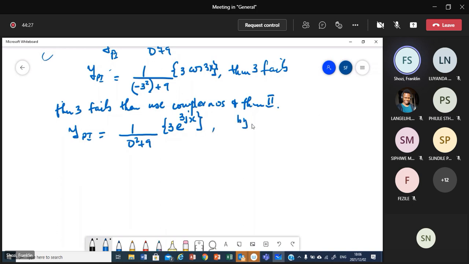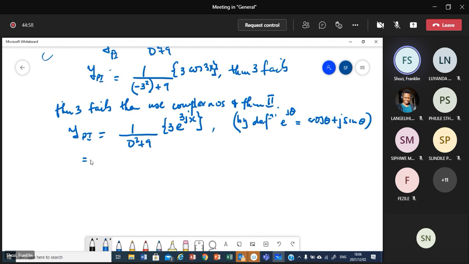Since we know that by definition, we said e to the power j theta is cos theta plus j sine theta. Remember that. That is by definition. Now, this e to the power 3jx contains the whole lot, yet we're just given the cosine function. So we must be specific. The one that is real is cos here.